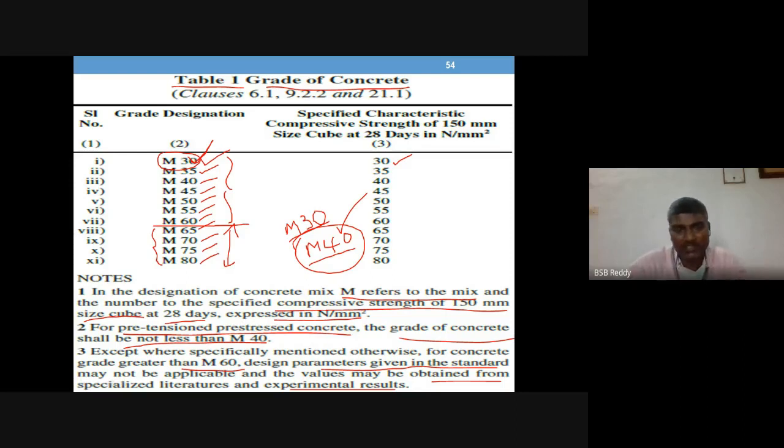One is pre-tension, the other one is post-tension. Okay, right. I think I'm clear.